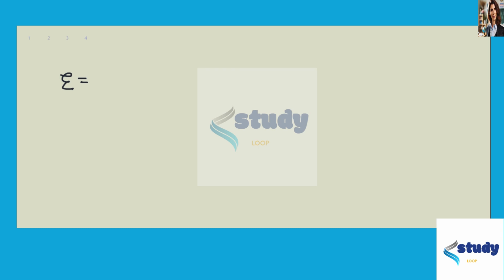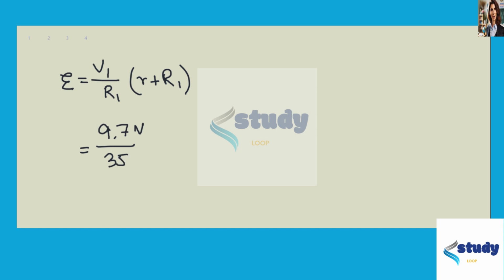Psi will be V1 over R1 times little r plus big R1, so we have 9.7 over 35 ohms times 5.308 ohms plus 35 ohms. And that gives us 11.7 volts. So that's our EMF voltage.